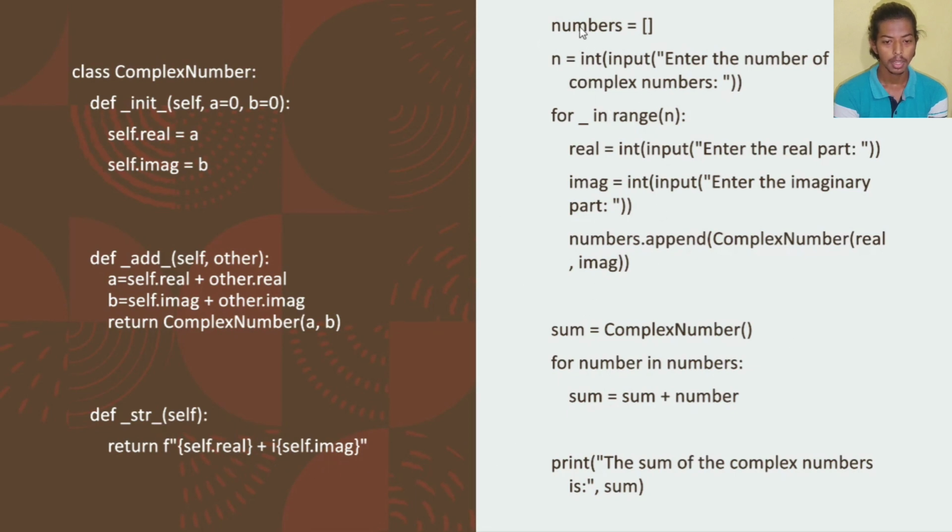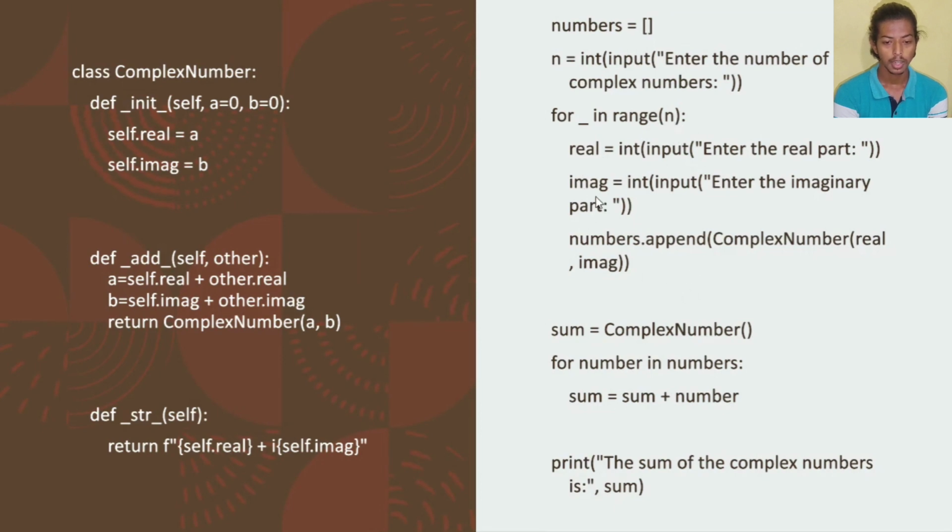In the main part I have a number list in which n numbers are taken as input for the complex numbers. So n will be the number of complex numbers to be entered in this addition program. I am going to run a for loop from 0 to n.